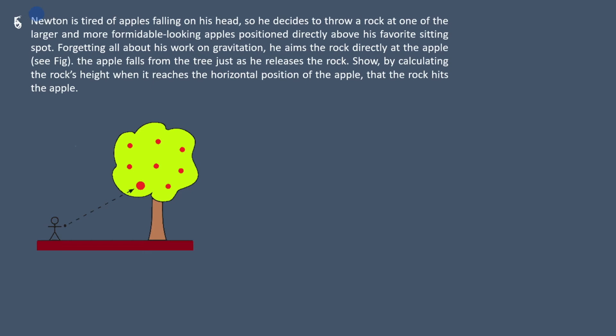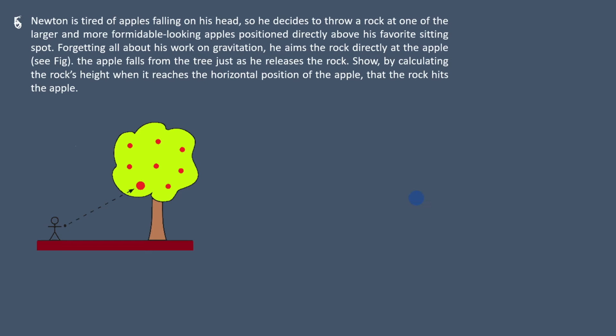Forgetting all about his work on gravitation, he aims the rock directly at the apple. Let's see the figure. The apple falls from the tree just as he releases the rock. Show by calculating the rock's height when it reaches the horizontal position of the apple that the rock hits the apple. Okay, let's make a solution for this question.